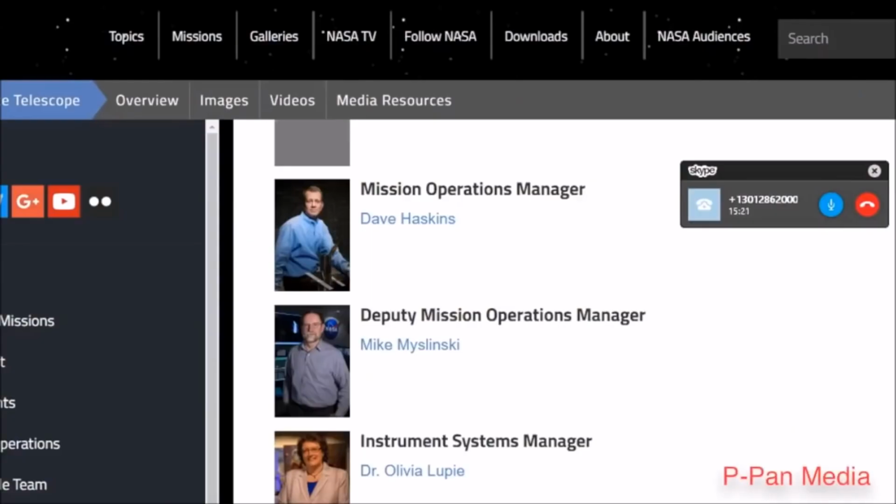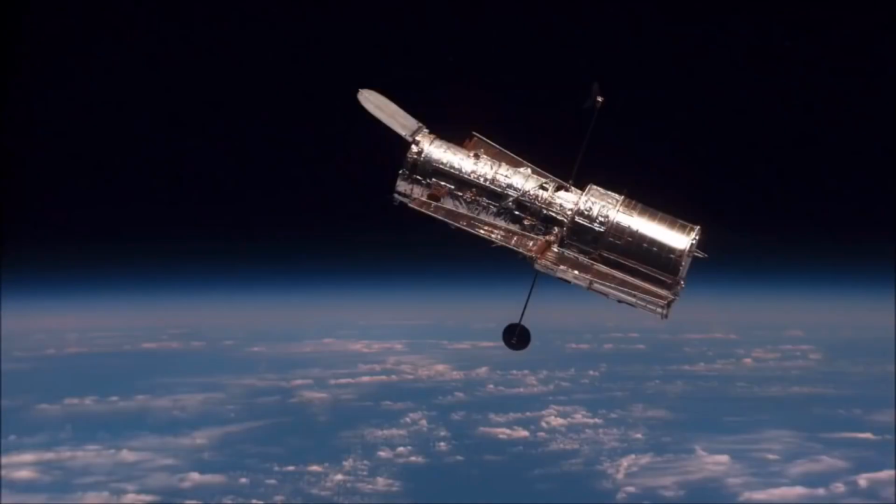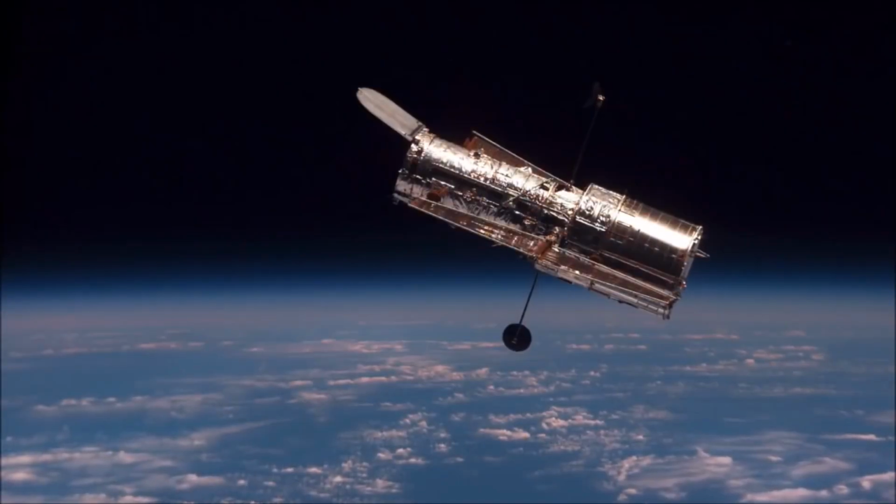Please forgive me for saying this, and I don't want it to sound like some sort of crackpot idea or weird conspiracy, because that's not where I'm going with this. I have to say that I'm questioning that Hubble is even where they say it is.